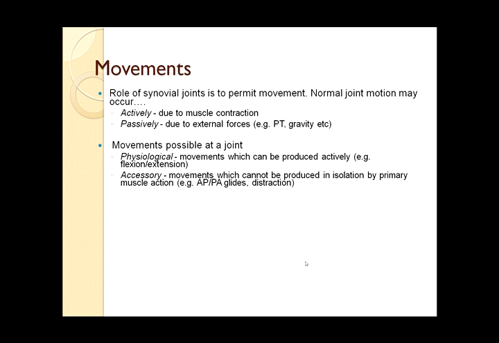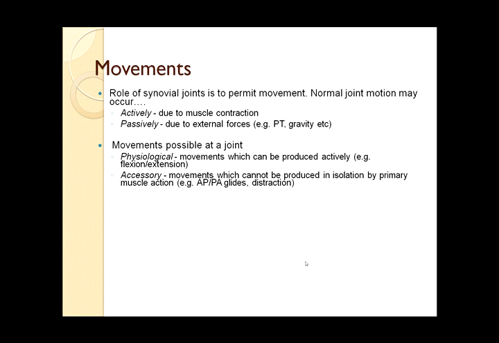For example, gliding movements at the elbow joint, longitudinal glides of the shoulder joint, rotational movements at the metacarpophalangeal joints. These movements are possible and they can be produced by the therapist externally or by external forces, but cannot be produced in isolation by primary muscle action. Accessory movements invariably are an essential component of a physiological movement.